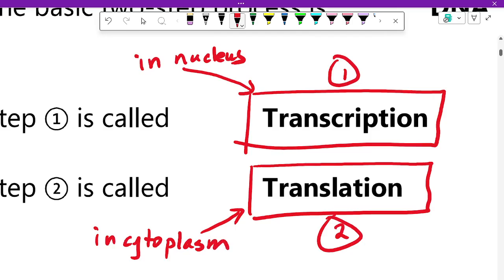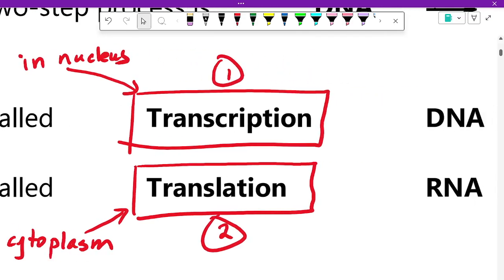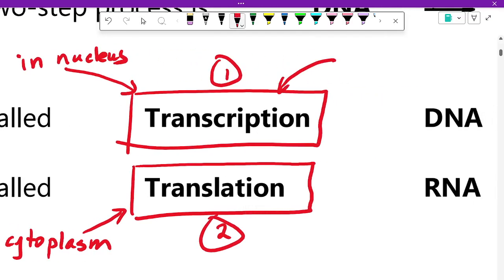What are we making during transcription? During transcription, we are making mRNA.